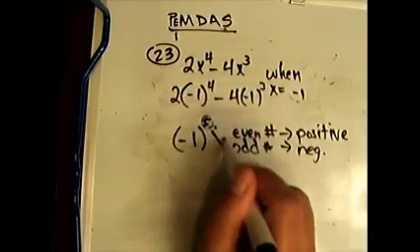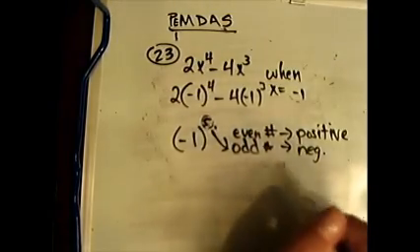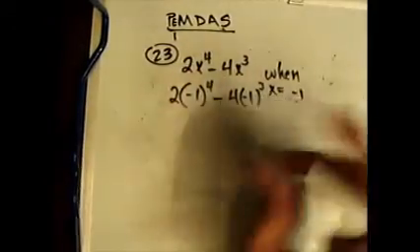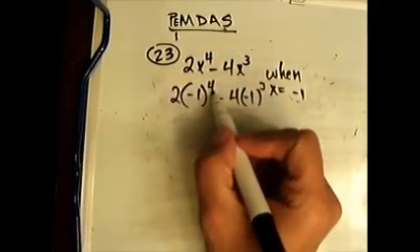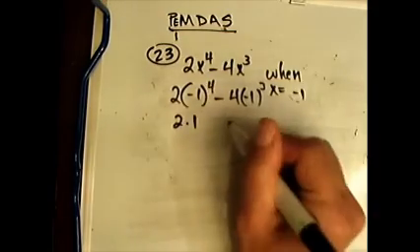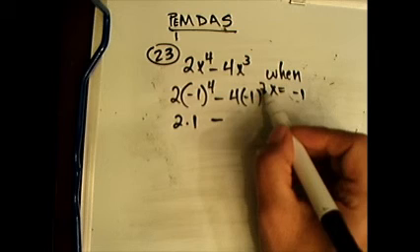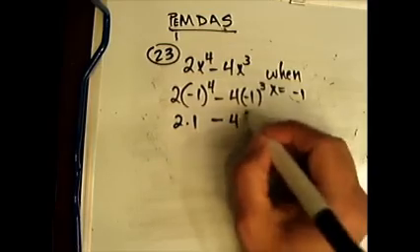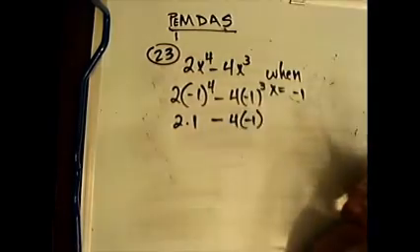It would be odd, because 5 is an odd number, so your answer would be negative. Okay, so keeping that in mind, this is a positive number, so that means your answer is going to be positive. So that's 2 times 1. Alright? Now, here's a negative number, so your answer is going to be negative. So 4 times negative 1.